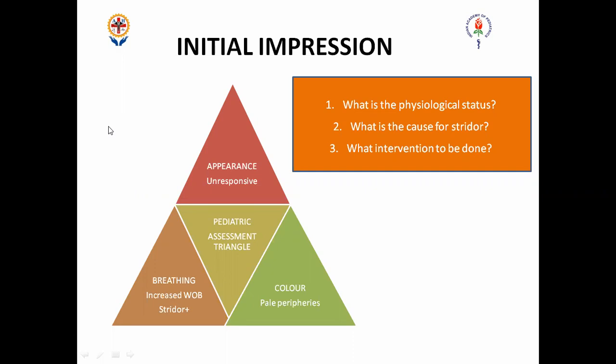Any pooling of secretions because of tongue fallback. Good. Pooling of secretions, tongue fall back. Any other thing? Okay, move on. What is the intervention you want to plan here?